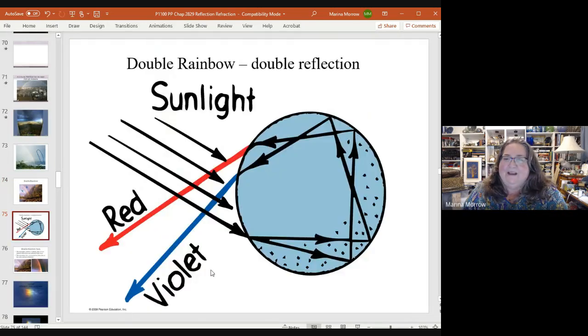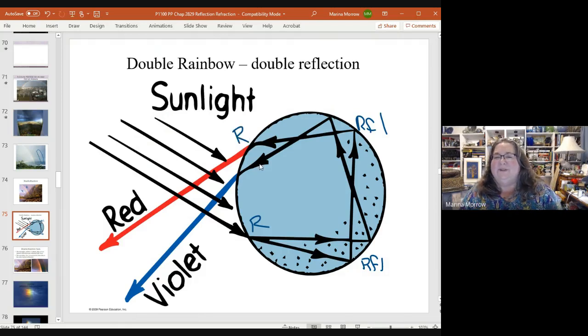Okay, so what happens with a double rainbow? The sunlight comes in, it refracts, it reflects, it reflects again, and then it refracts again. So you've got two reflections and two refractions.